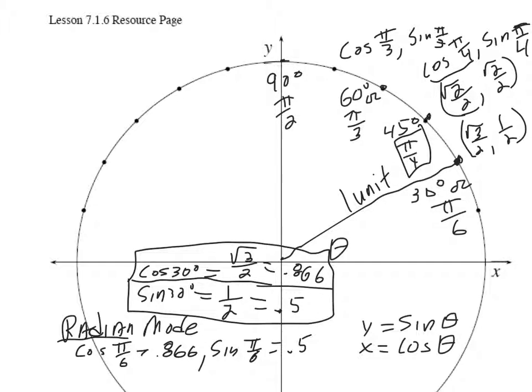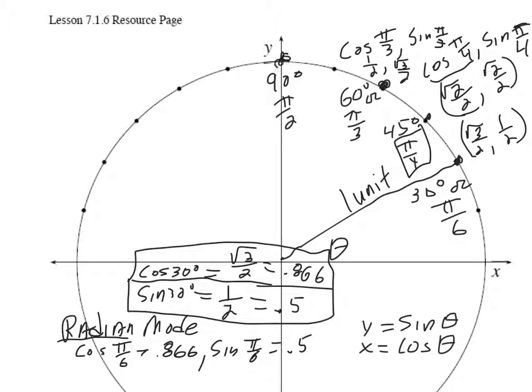And what you should get for this point right here is 1/2, comma, square root 3 over 2.